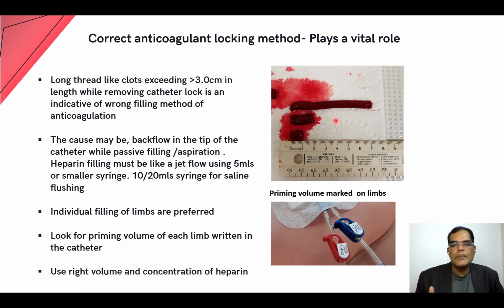So the method is just jet flow through the catheter and simultaneously close the cap, or I mean the clamps over here. It's a simple practice. Push and simultaneously close it so that the heparin will be locked perfectly without any backflow.